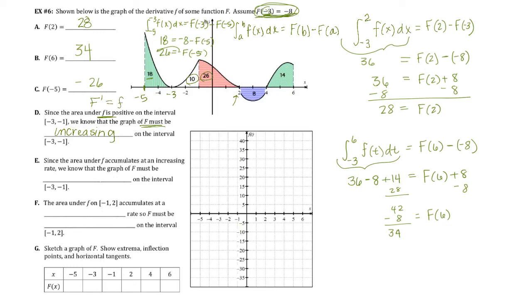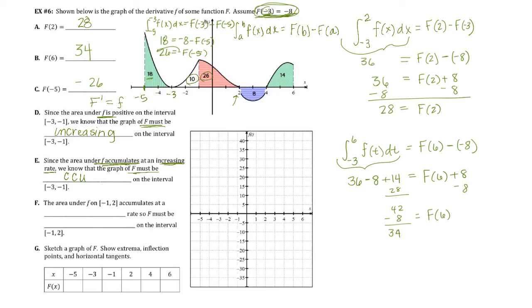So if our derivative is positive, our function is increasing. Now look at E, very important concept again. Since the area under f accumulates at an increasing rate, we know the graph of F must be, so we're talking about a rate of a rate. So then F must be concave up.